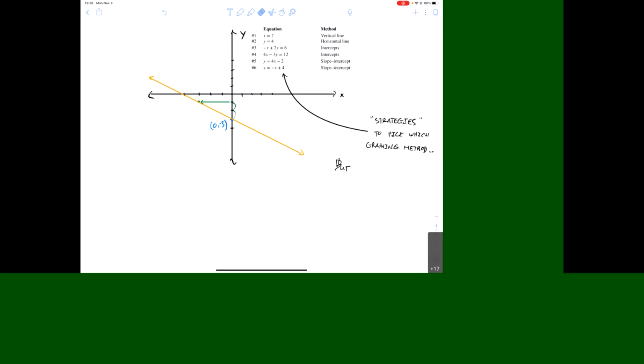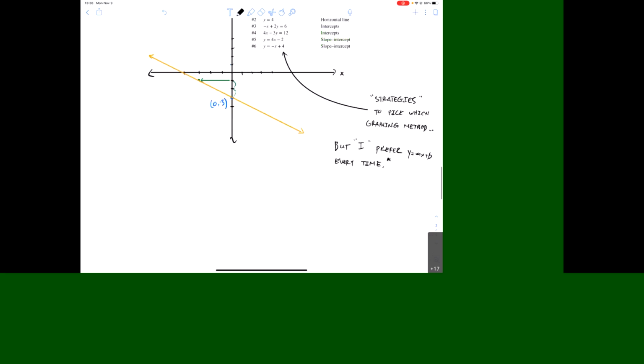Again, this is just my personal preference, but your teacher prefers y equals mx plus b every time. And of course, I'll draw a little asterisk here. Obviously, I'm not going to use slope-intercept form when I have x equals 2, y equals 4 type of nonsense. But you get the general gist of what I'm going at.